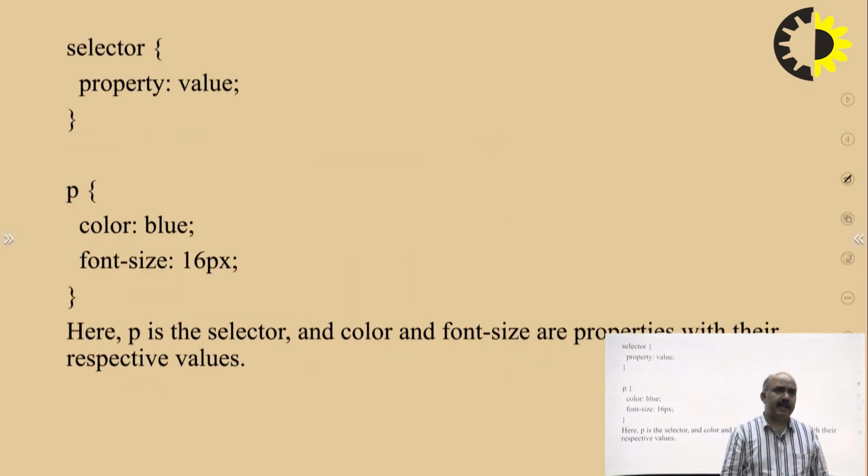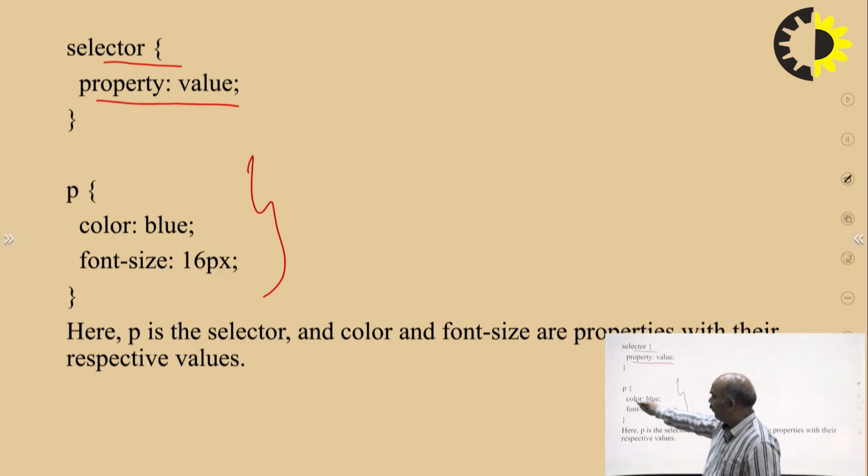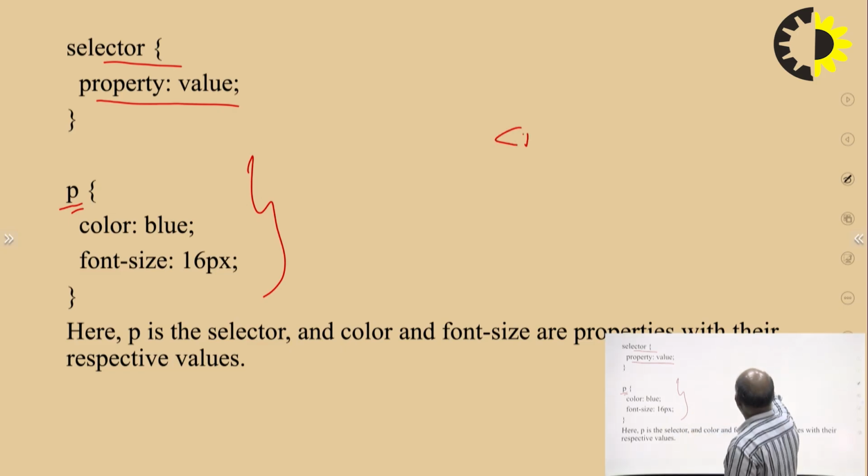So this is the example that I have taken. This is where the selector is, and then the properties, which have certain values. Here we have P, which we generally use within brackets for a paragraph, and we close it with a pair of tags.